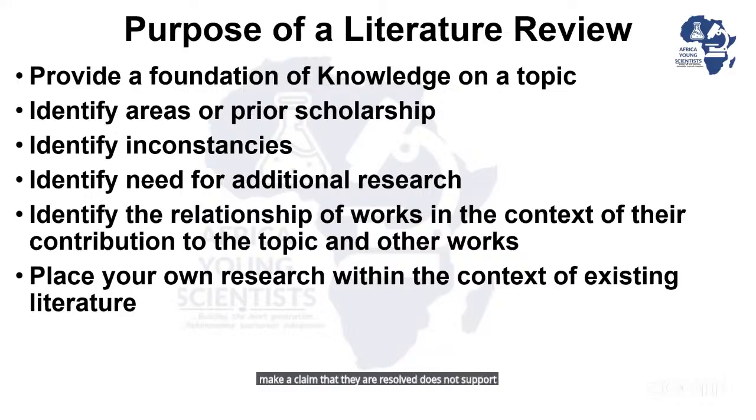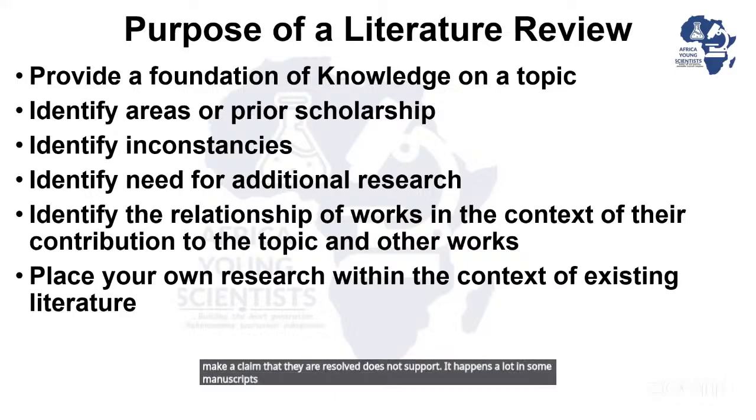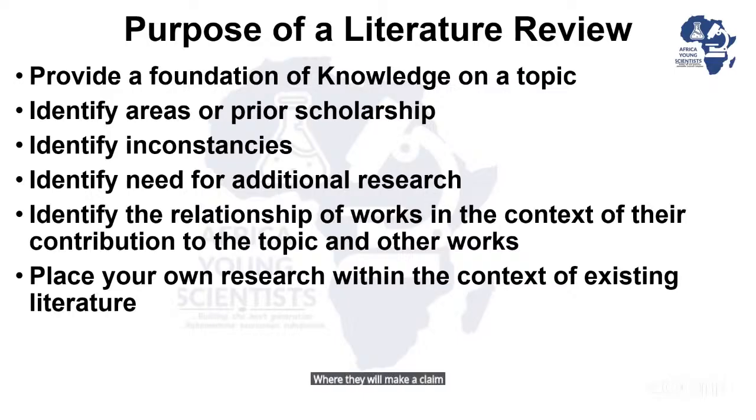It happens a lot in manuscripts you see online, where they make a claim, but their result does not support that claim. It is when you discuss with a senior person that you can identify some of these differences. So basically, another thing your literature review will help you identify is inconsistencies, especially in a field where there are opposing views.